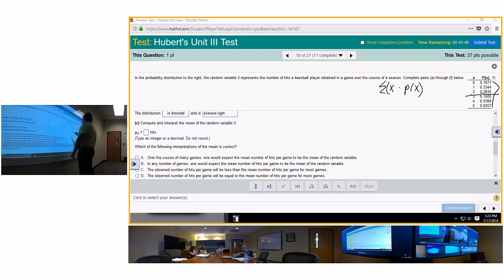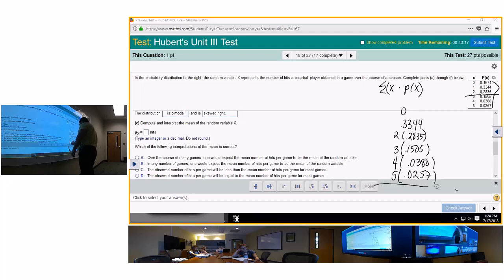So 0 times 0.1671 is 0. 1 times 0.3344. 2 times 0.2835. 3 times 0.1505. 4 times 0.0388. And 5 times 0.0257. And somebody add those up and tell me what you get.